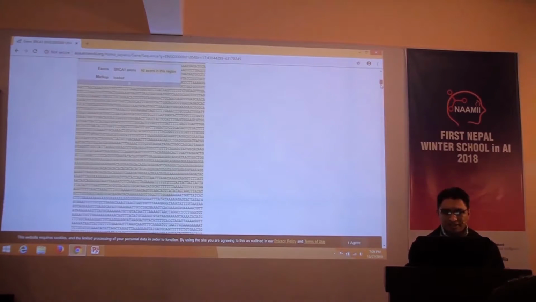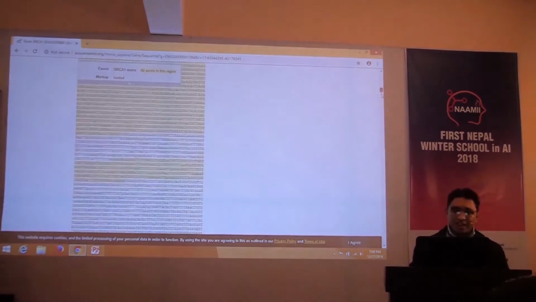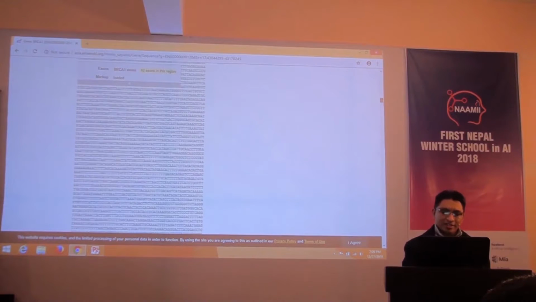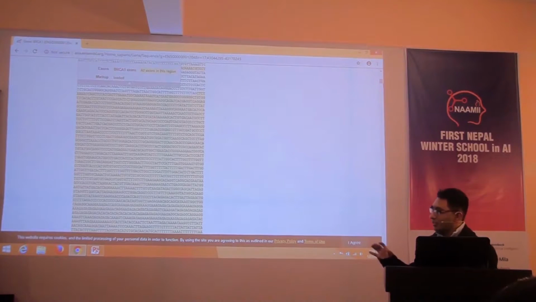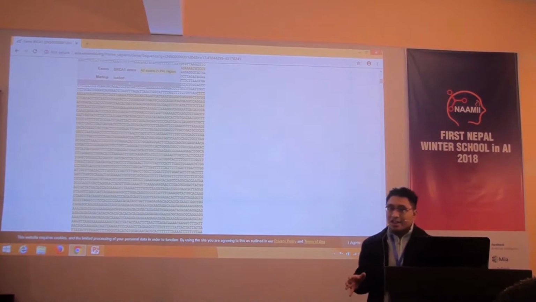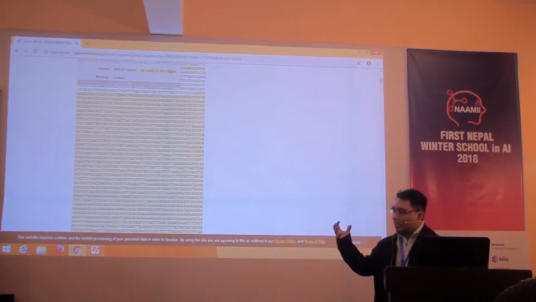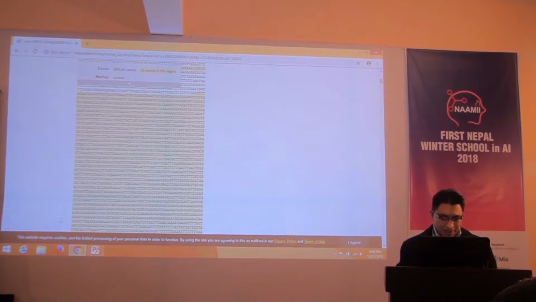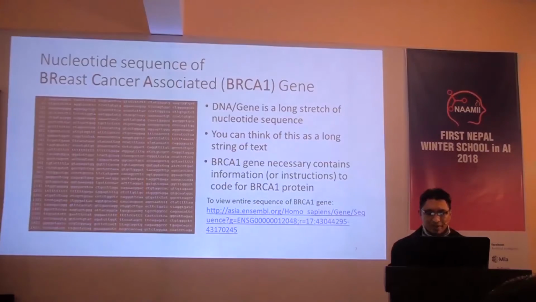You can just imagine long stretches of different combinations of A's, T's, C's, and G's, and it goes on and on. All these combinations of nucleotide molecules code for essential proteins, and they carry instructions to carry out specific functions. Is it clear up till here? Okay.